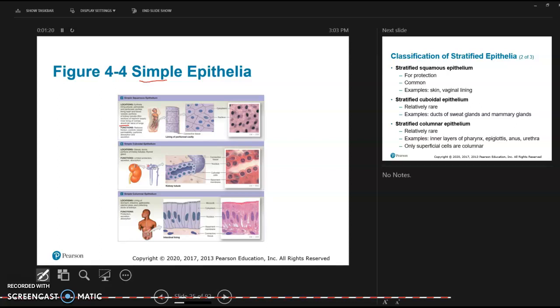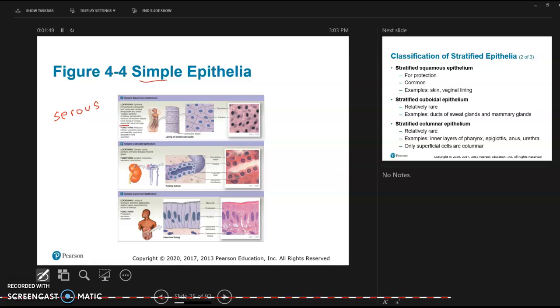We're going to learn about serous membranes later on, and I'll write that term for you. S-E-R-O-U-S. The serous membranes, which are listed here in figure A, are the pleural membrane, the pericardium, and the peritoneum.